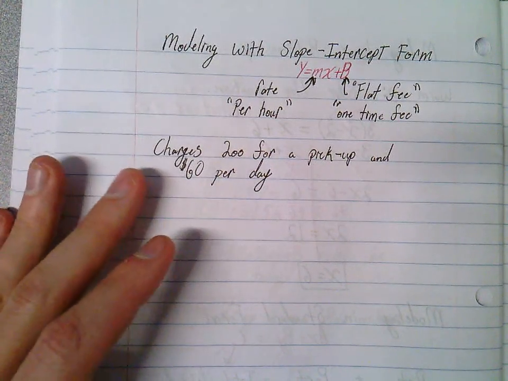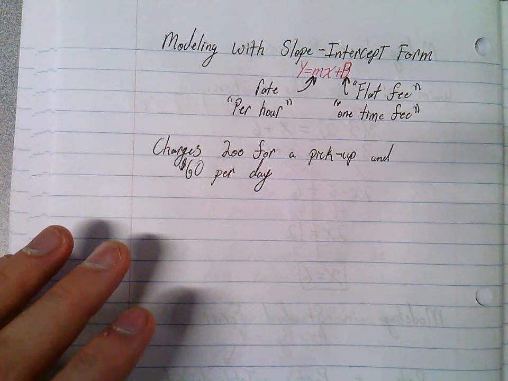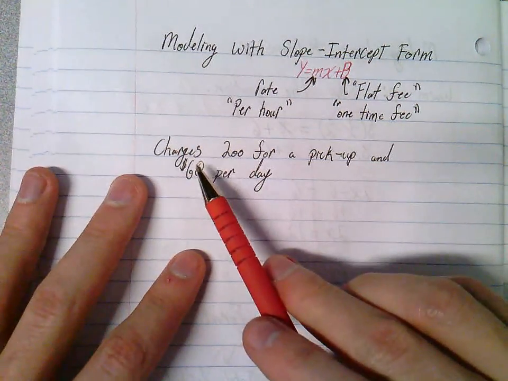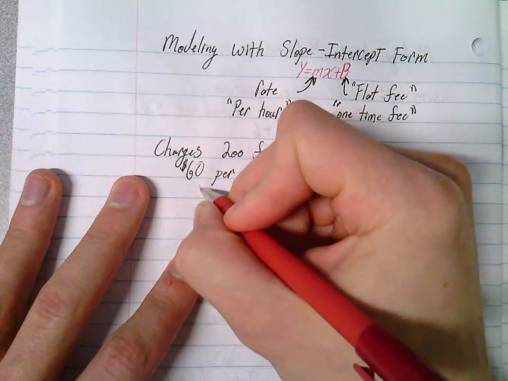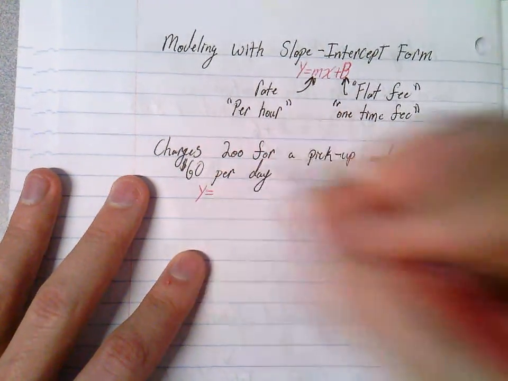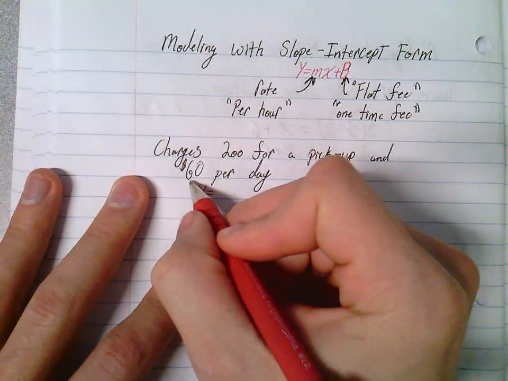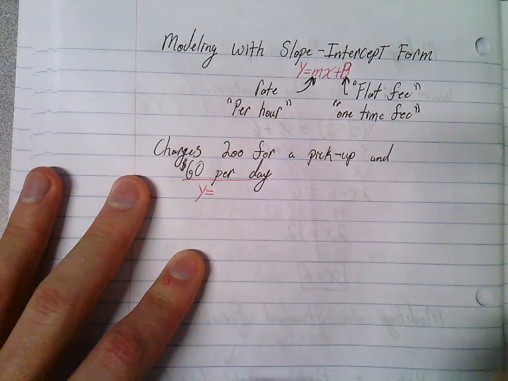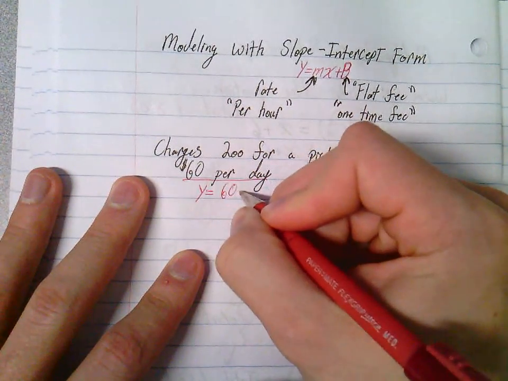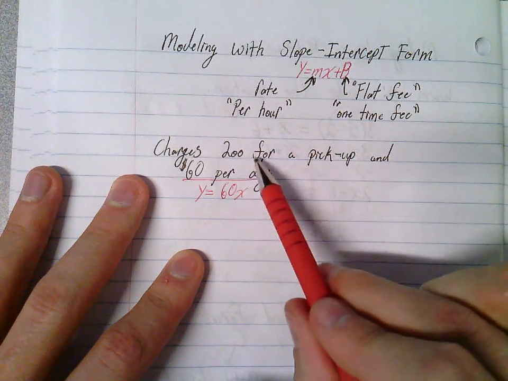If I wanted to write an equation for this, I could say that my cost is my y. So y is equal to our rate here, which is $60 per day, so that'll be 60x. And then they charge $200.